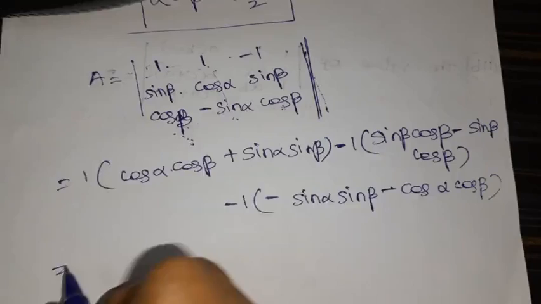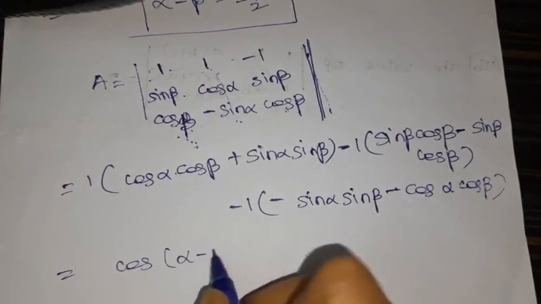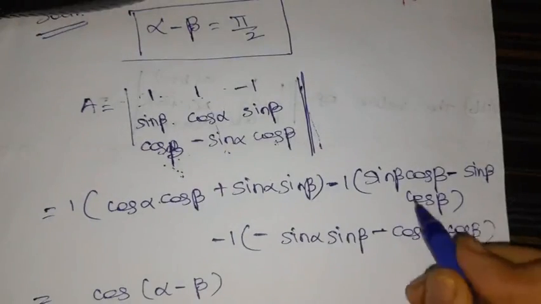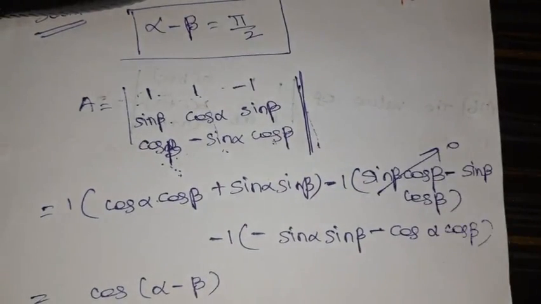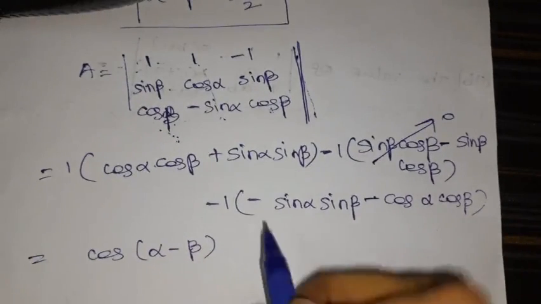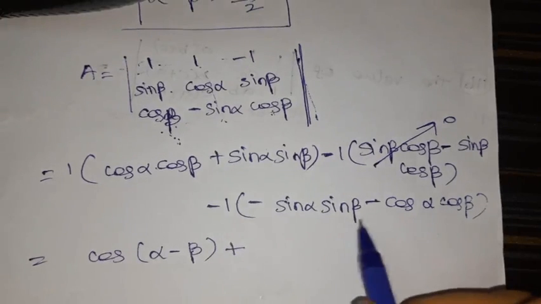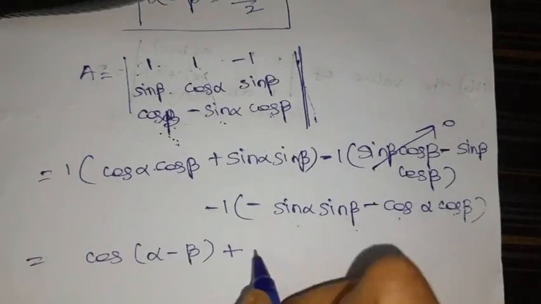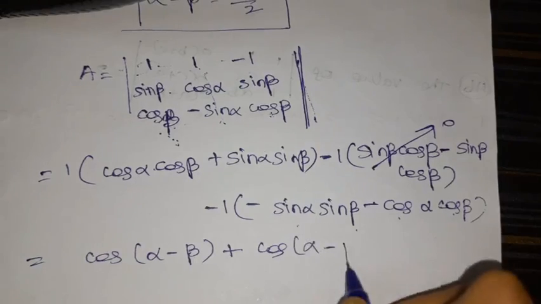So cos A cos B plus sin A sin B is nothing but cos of A minus B, cos of alpha minus beta. Here sin beta cos beta minus sin beta cos beta, this term goes to 0. Both get cancelled. Here take the minus sign outside, here plus, again cos A cos B plus sin A sin B is nothing but cos of alpha minus beta.